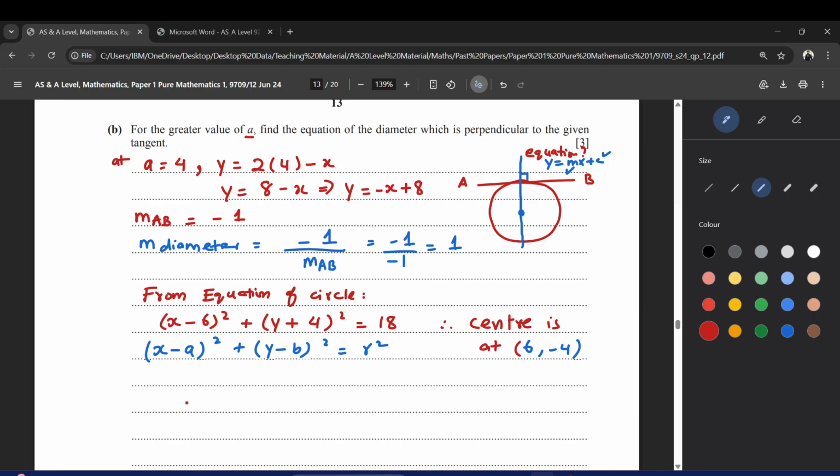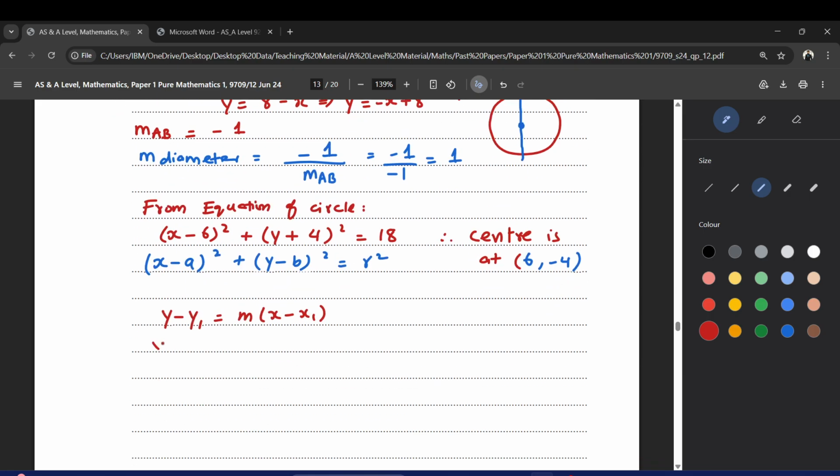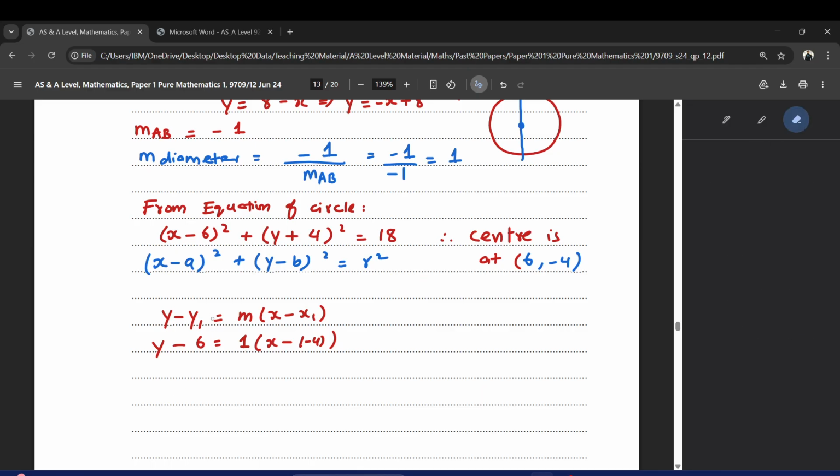Now I can use the coordinate geometry concept. We can use this equation: y minus y1 equals m times x minus x1, y minus 6 equals, the gradient was just 1, and x minus 4. Okay, I think I did it the other way around.